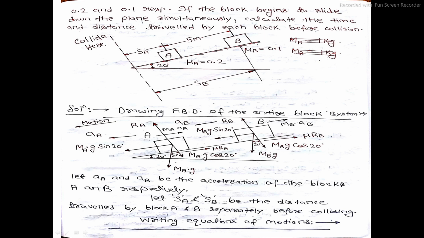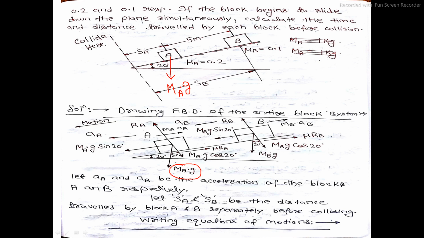So for block A, what all forces are acting on this block A? One force is the weight of the block that will act vertically downward, and that weight is Mg. Suppose the mass of the block is MA and acceleration due to gravity is g. This is MA g, where MA represents the mass of block A. Now this block A is kept on this inclined plane.